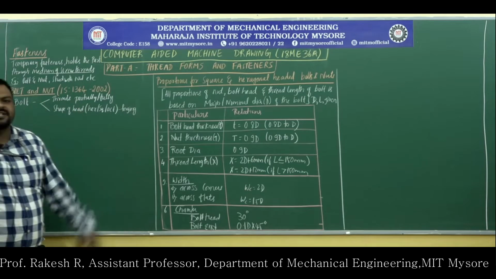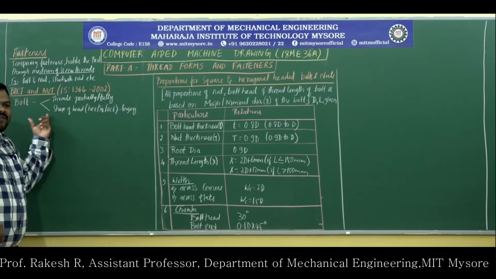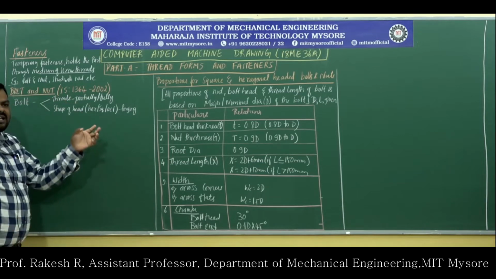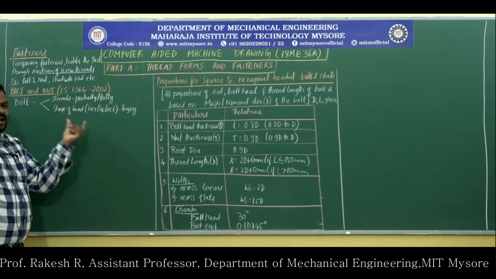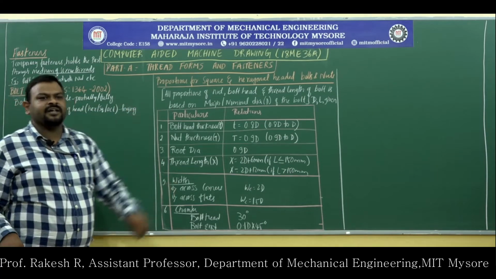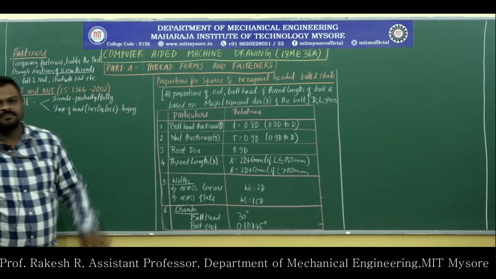This is the definition of a bolt. A bolt is a cylinder having threads located partially or fully, and the head shape is hexagon or square or octagon, obtained by forging.